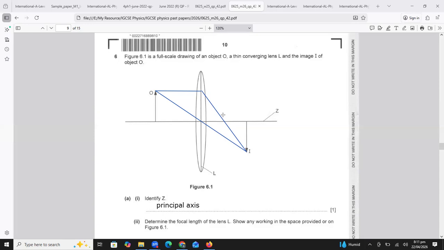And we have to find the focal length. Focal length is basically the distance between the optical center and the focal point. So this is the optical center and this is the focal point, and this horizontal length is the focal length.